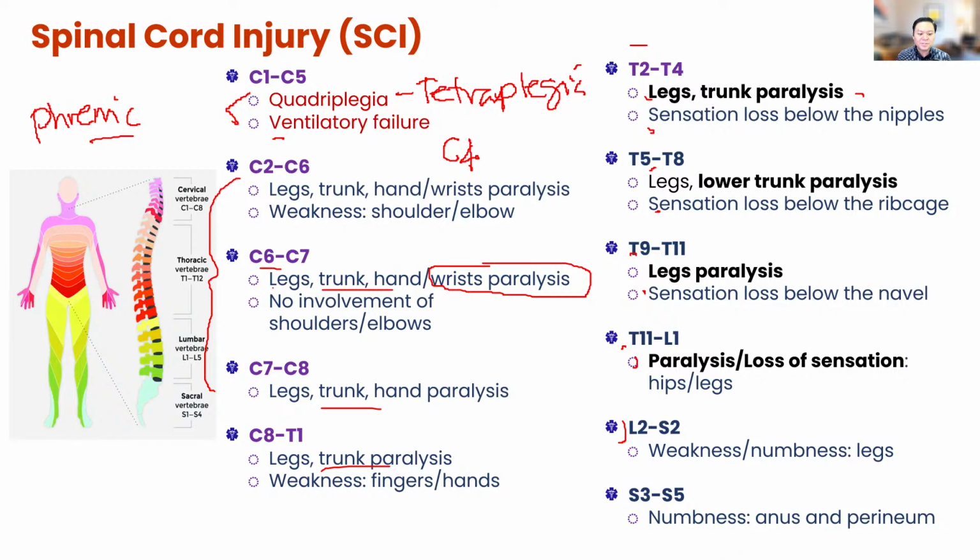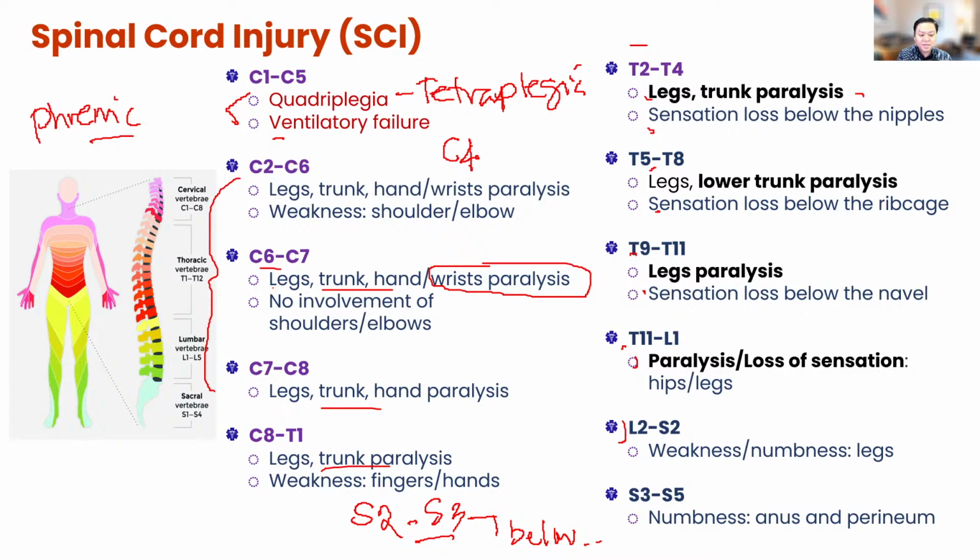Let's talk about the sacral level ranging from S2 to S3. So what do you think will be the impairment? When the injury is targeted to this area, the nerves on these levels are actually controlling the bladder function. And so if the person has injury to these levels or below, below S2, S3, the bladder can contract, but won't be able to empty completely.